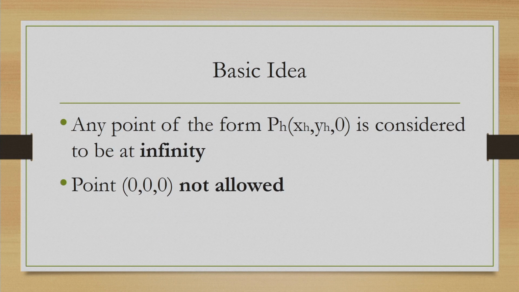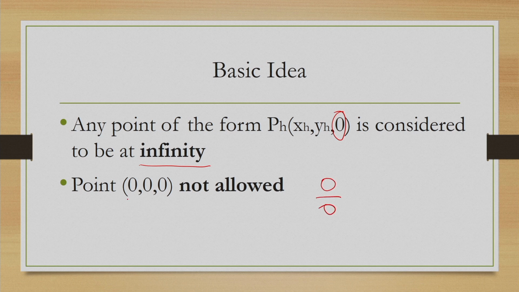There are a few more things we should note here, since we are considering h to be the homogeneous factor. If h is 0, then we consider that point to be at infinity in the homogeneous coordinate system. And there is no concept of origin, since 0 by 0 is not defined.